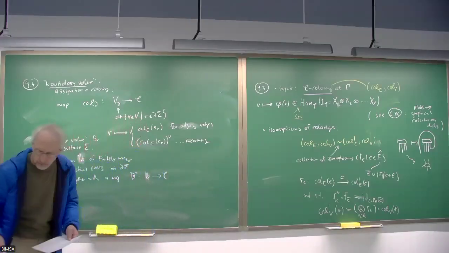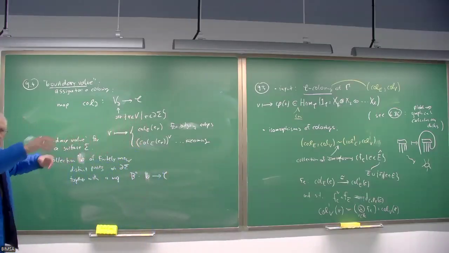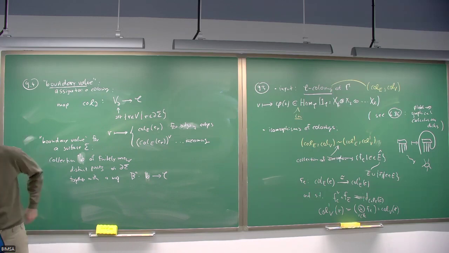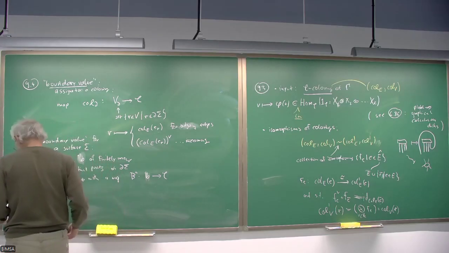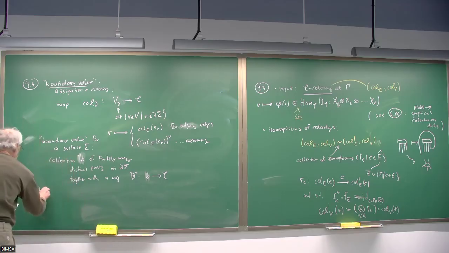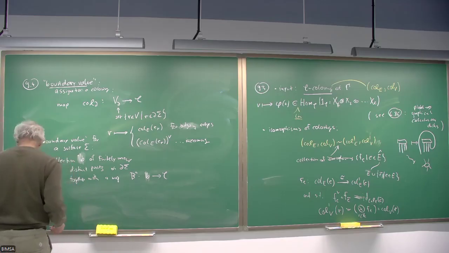So I just select some isolated points on the boundary and label them by objects of C. And then we do something bold.